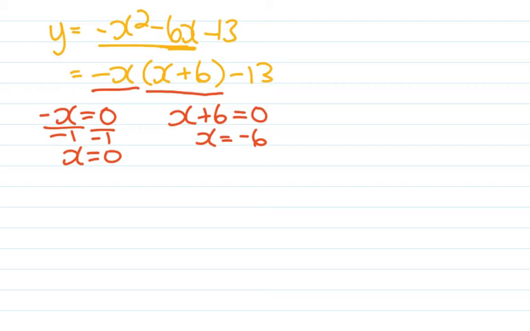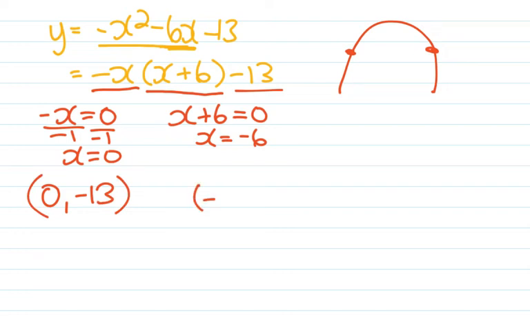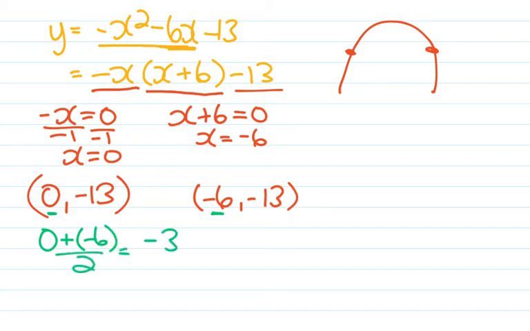So my two points that are equally apart from each other on this parabola are 0, negative 13, and negative 6, negative 13. Now I'm going to find the axis of symmetry, which is halfway between those x-coordinates. 0 plus negative 6 divided by 2 is negative 3. So the vertex is negative 3 comma something.